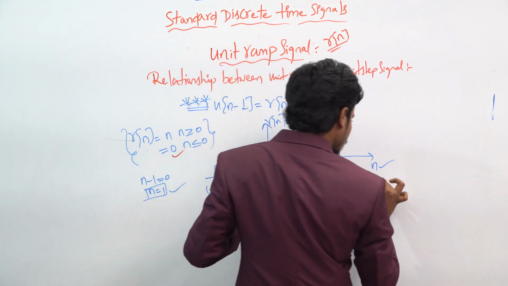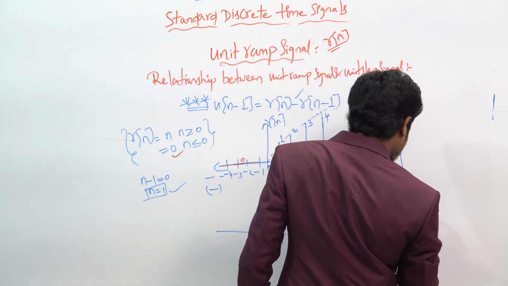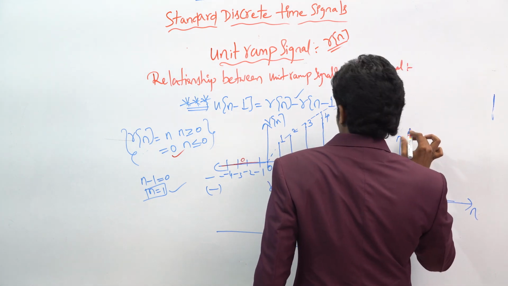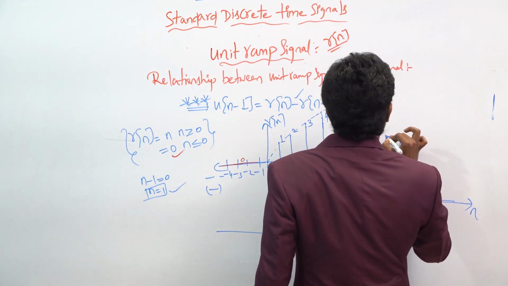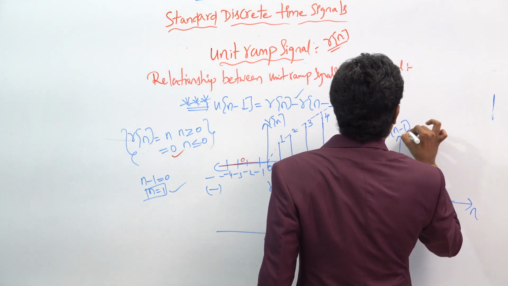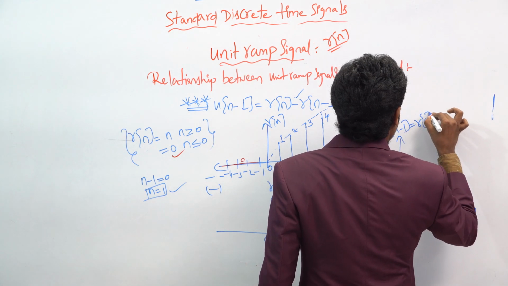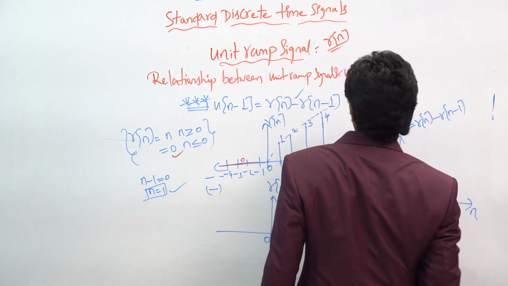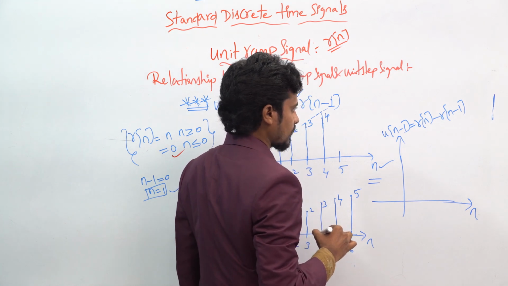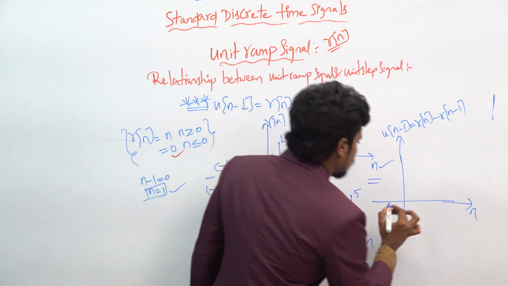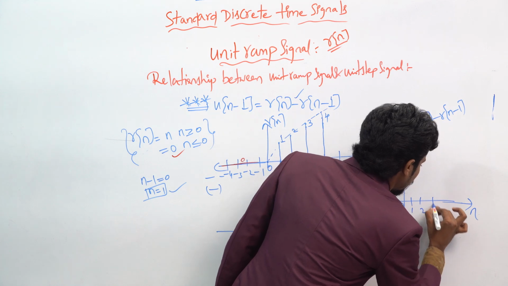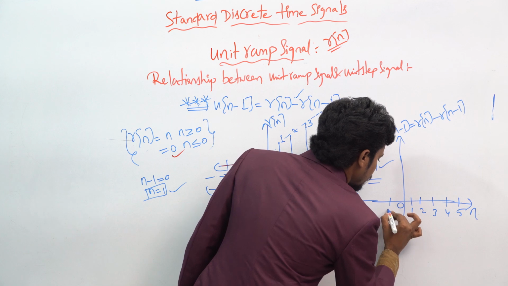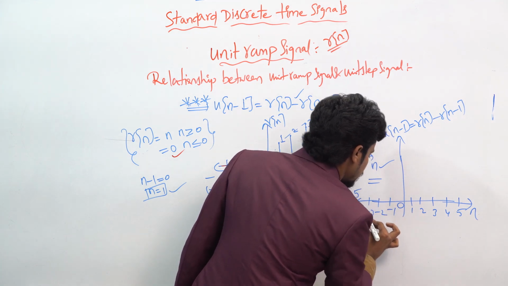Now let's do the subtraction for r of n minus r of n minus 1. What will we get? The plot is like this. This will be n, and this is u of n minus 1, equal to r of n minus r of n minus 1. Here this is 0, 1, 2, 3, 4, 5, and here minus 1, minus 2, minus 3 and so on.